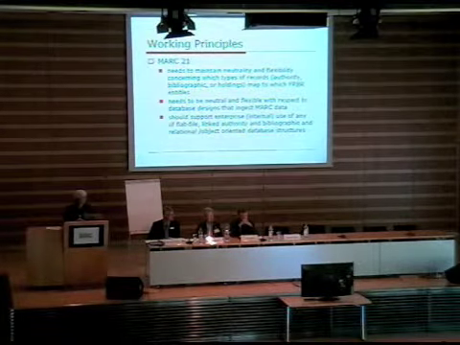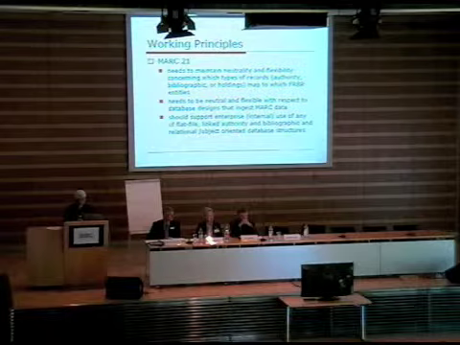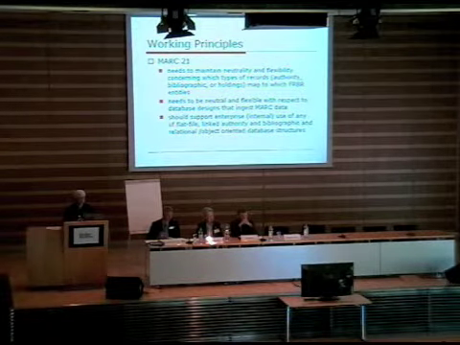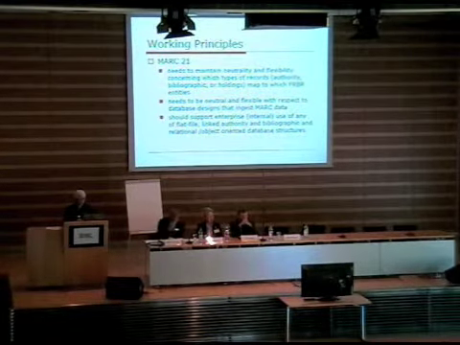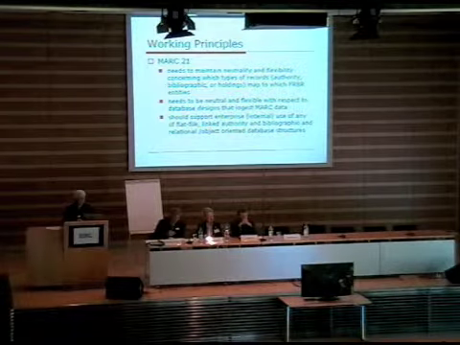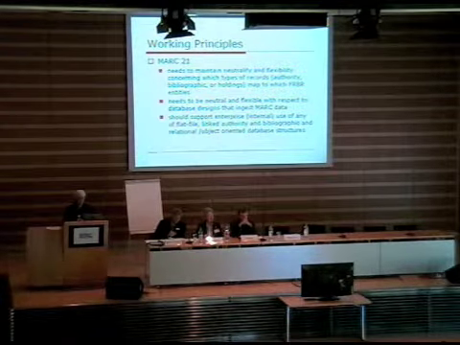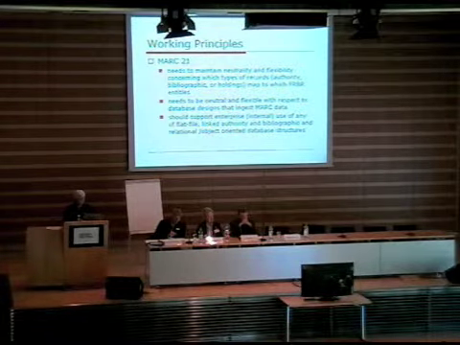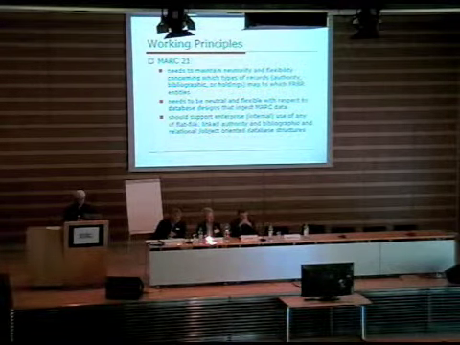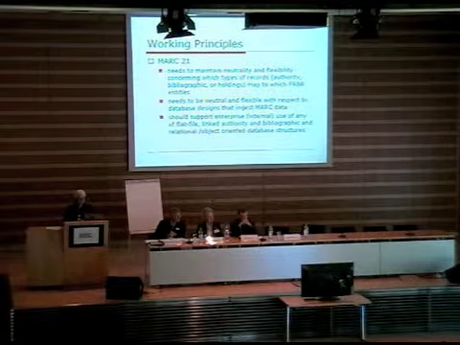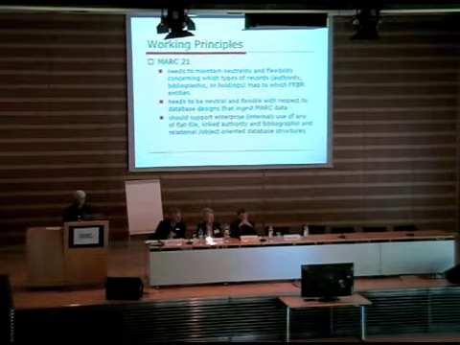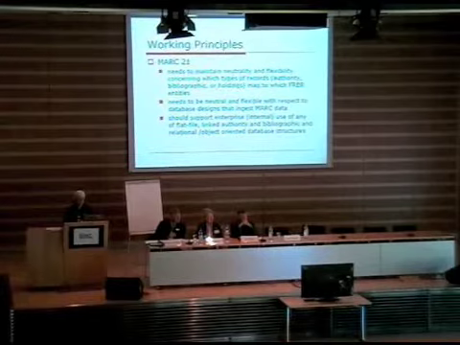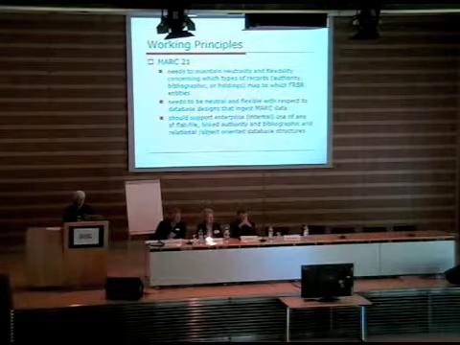I wanted to give you an idea of some of the discussion that we had about how we are going to approach this task within the group. What should be our working principles? And I've listed them here. We decided that MARC 21 needs to maintain neutrality and flexibility concerning which types of records, authority, bibliographic, or holdings, map to which FRBR entities.